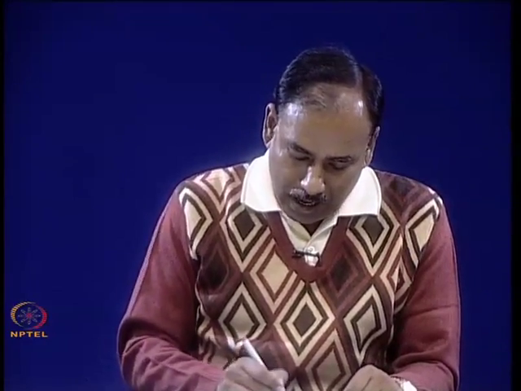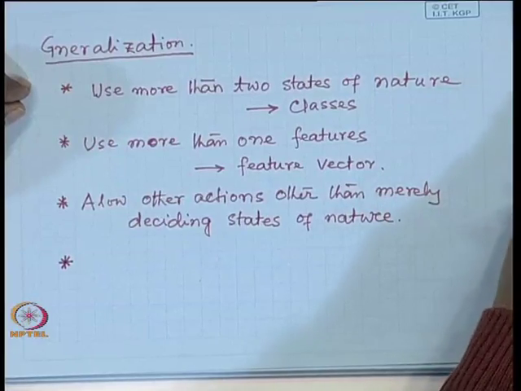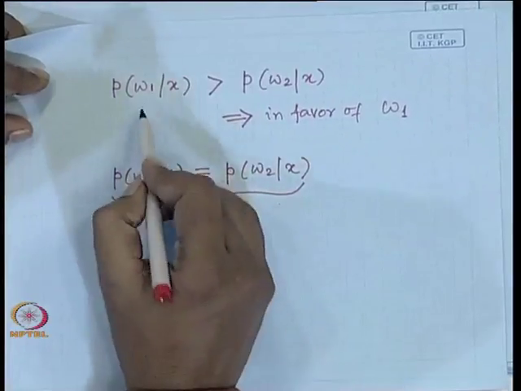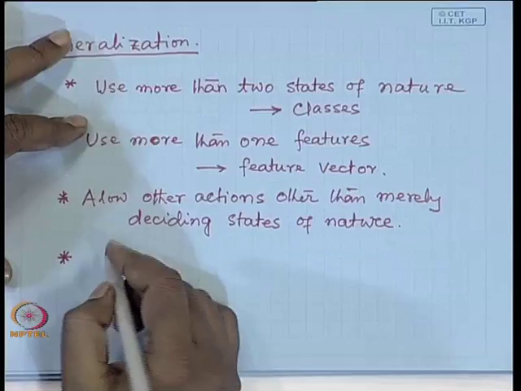And the fourth generalization is this: in our case our decision was based on the posteriori probability. If p of omega 1 given x is greater than p of omega 2 given x, then we decide in favor of omega 1. If it is the other way around, then we decide in favor of class omega 2. Now we can have a more generalized criterion based on which we can decide about the states of nature, which is called a loss function.